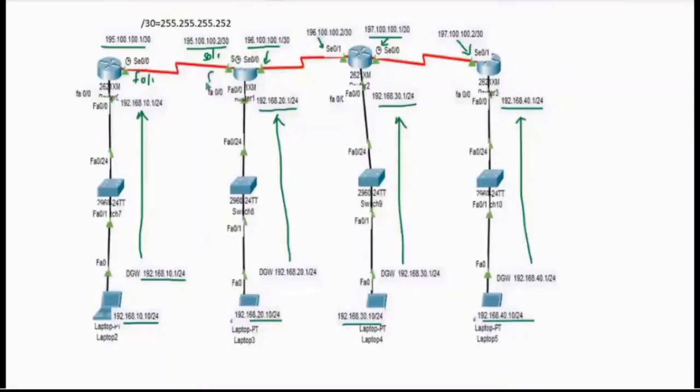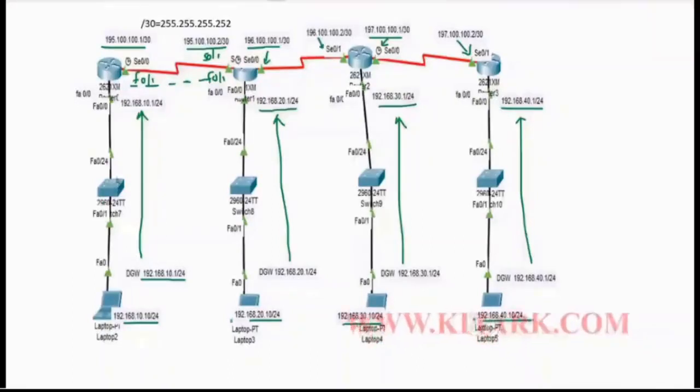Instead of serial interfaces, you can use Fast Ethernet interfaces as well. You just have to add some modules for Fast Ethernet interfaces into the router. But the cables must be crossover cables, okay? Because routers are the same kind of device. In a router to router connection, you are connecting a MAC device to another MAC device, so you need to use a crossover cable.